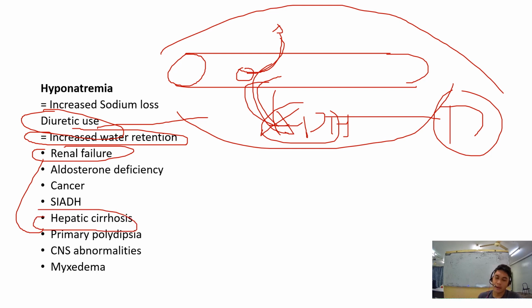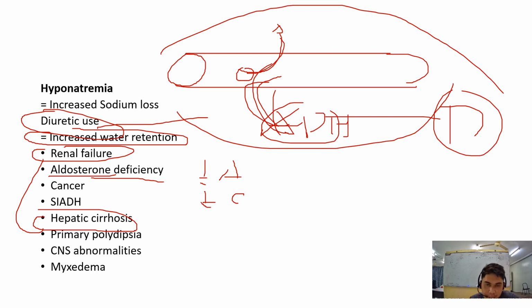Next, aldosterone deficiency or correction, it's adrenal insufficiency. Aldosterone deficiency is a type of adrenal insufficiency. So if there's adrenal insufficiency, there's decreased aldosterone and decreased cortisol level. If there's a decrease in aldosterone, there's decreased retention of sodium.